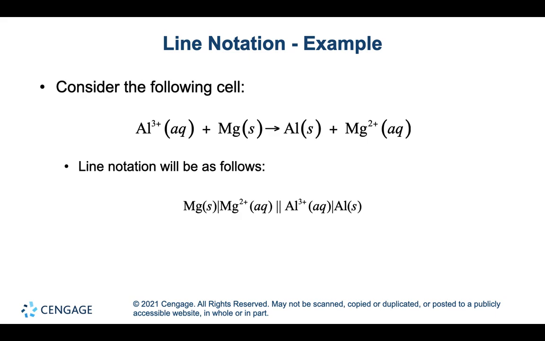Double vertical line for the salt bridge, and then on the other side we have the reaction involving aluminum plus 3 ion in the aqueous state and aluminum solid in the metal electrode state.